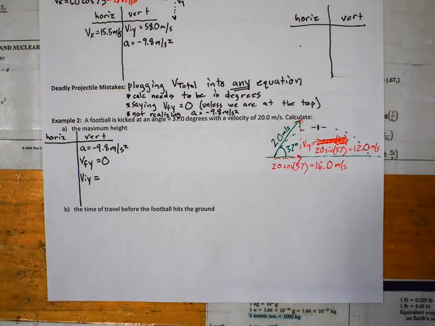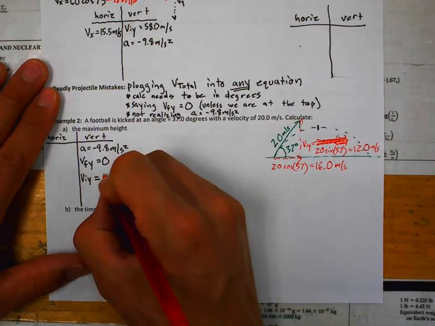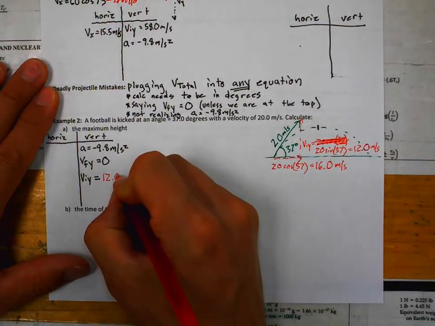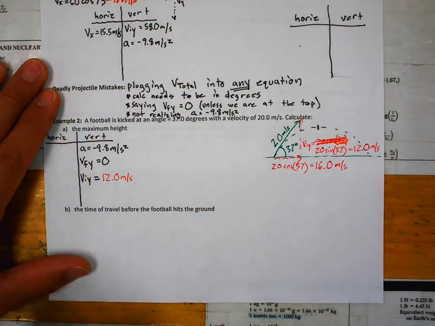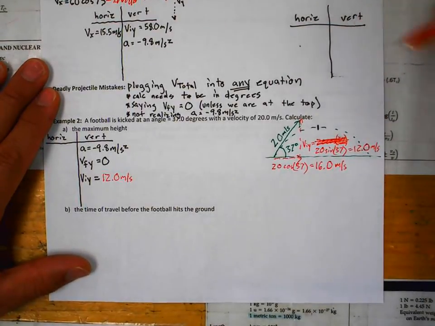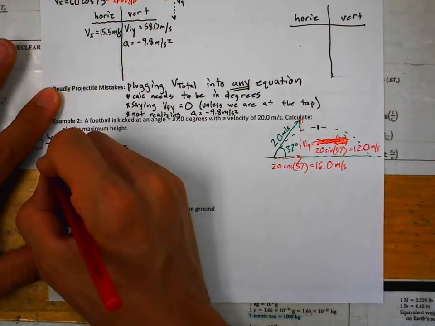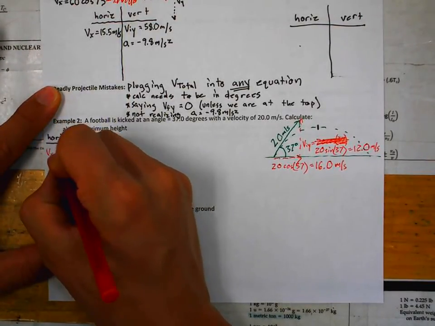But for this, it's fine. V initial y is 12.0 meters per second. Is that positive or negative? It is positive, because we're not launching something down here. My horizontal velocity, Vx, equals 16.